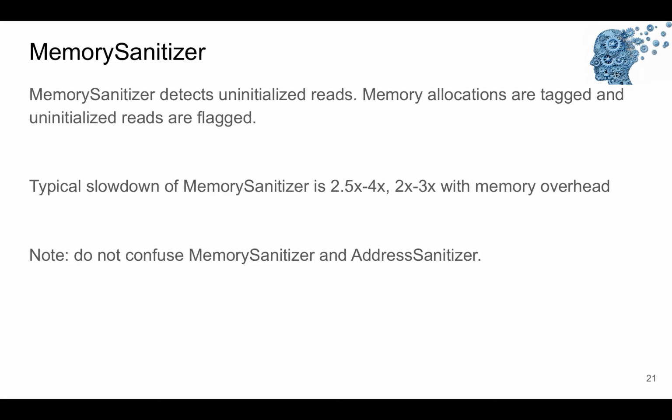Whenever you read, you check if that byte is accessible or not. And you've got an uninitialized sanitizer. Right? So when you allocate an object, you color it red. When you free the object, you color it white again. When you write, you mark that byte as written and accessible. When you read, you check if you're hitting a red zone or not.